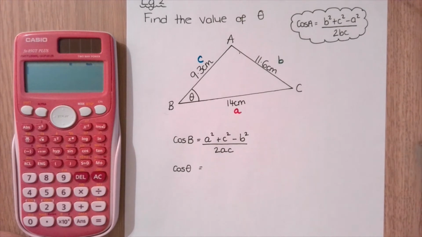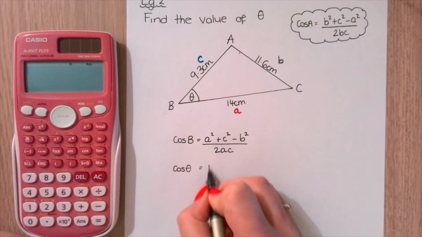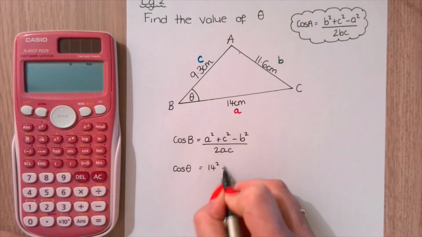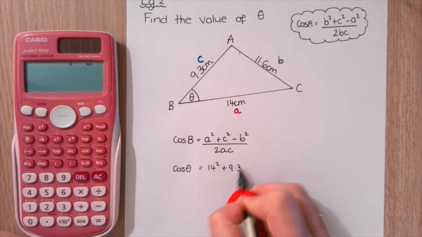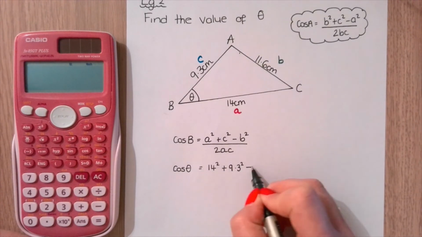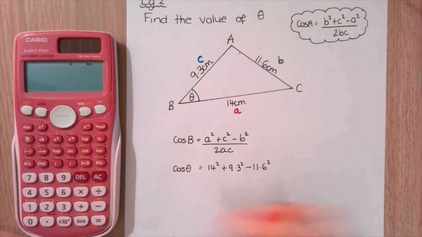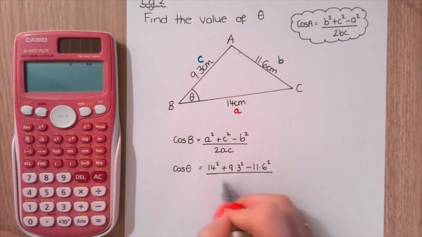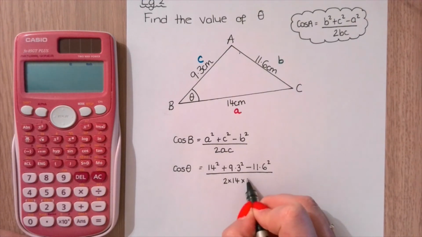Going back to my formula, I've got a squared, so that must be 14 squared, plus c, which is 9.3 squared, minus b, which is 11.6 squared, all over 2 times a, which is 14, times c, which is 9.3.